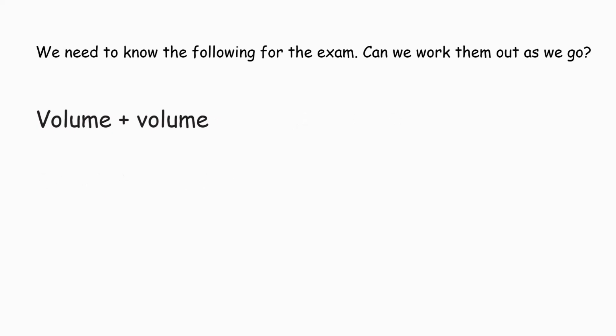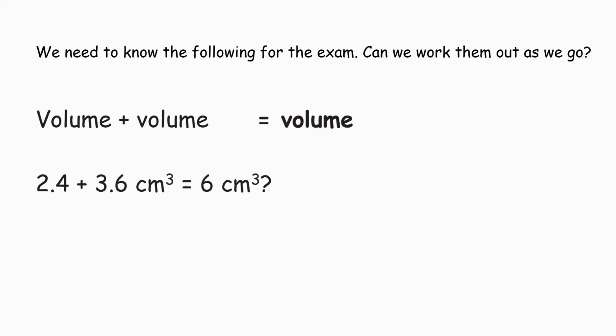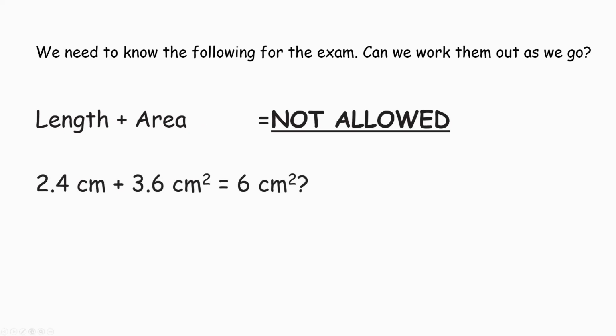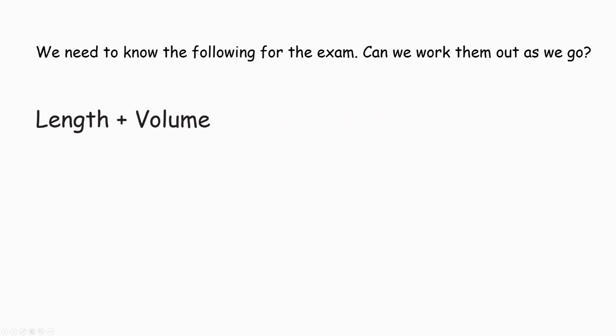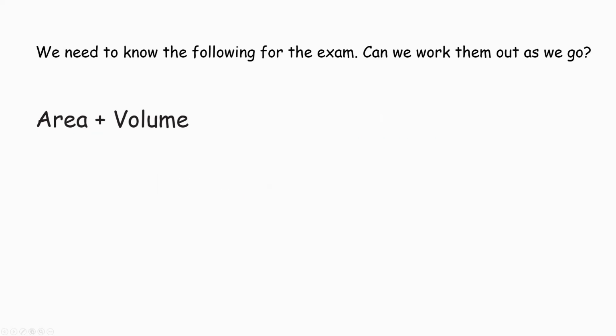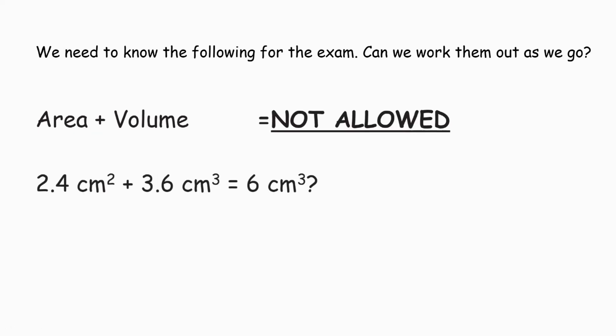A volume plus a volume does make sense. We just get a bigger volume. A length plus an area. We established earlier that doesn't make sense because we wouldn't know what units to give the answer. A length plus a volume, similarly, that is not allowed. An area plus a volume is not allowed.